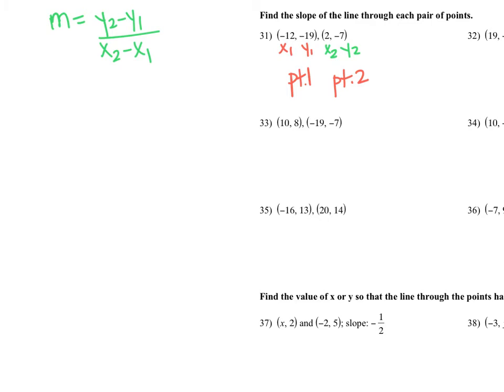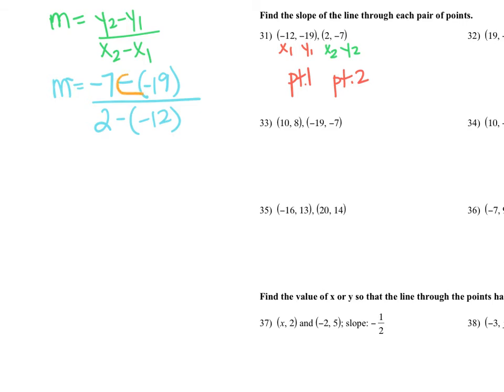Okay, so my slope here, I'm going to say m equals -7 minus a -19 over 2 minus a -12. So I want you to remember, don't forget the negative. There is a negative in my formula. Okay, so just make sure you remember there's that negative. I'm going to change that out.